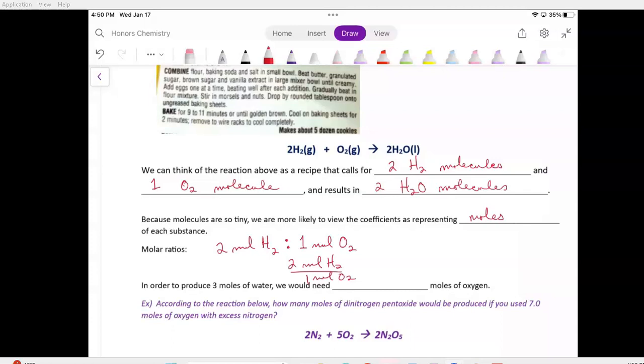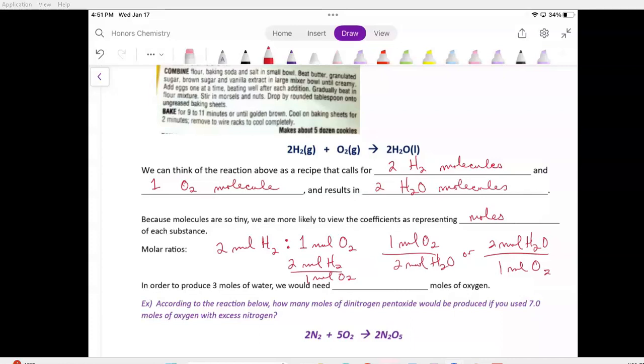You could say for every 1 mole of oxygen we use, we get 2 moles of water. Or we could flip it, right? We could say 2 moles of water are produced for every 1 mole of oxygen used, right? There's a whole lot of different ways to say essentially the same thing. And that is essentially just saying that the coefficients stand for moles, right?